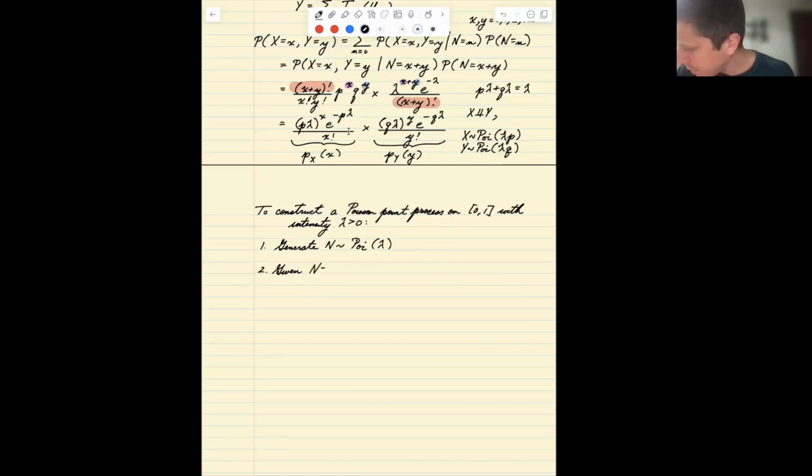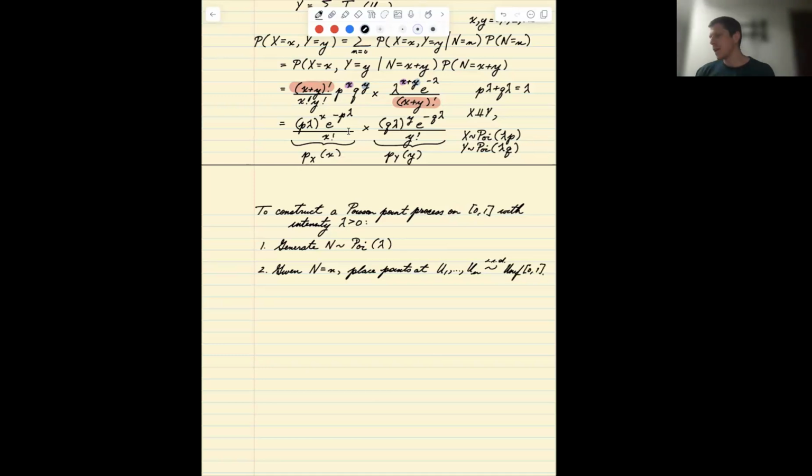Given the value of the variable, place n points at uniform locations between 0 and 1.